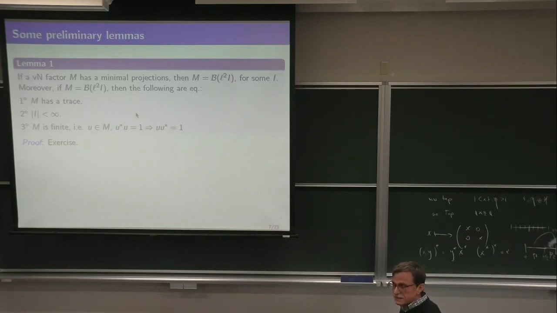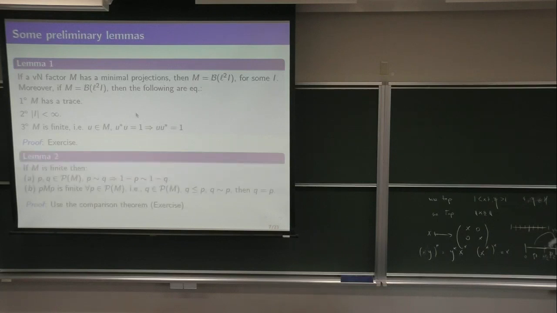We have a trace, but it's not everywhere defined; its trace of 1 is infinite. So we can exclude that. From now on, we will assume that our finite von Neumann algebra has no minimal projections. That's something that one often calls a diffuse von Neumann algebra.